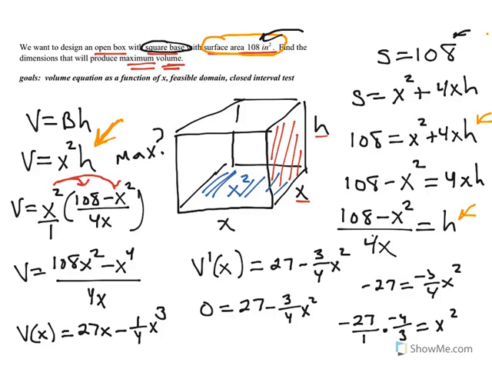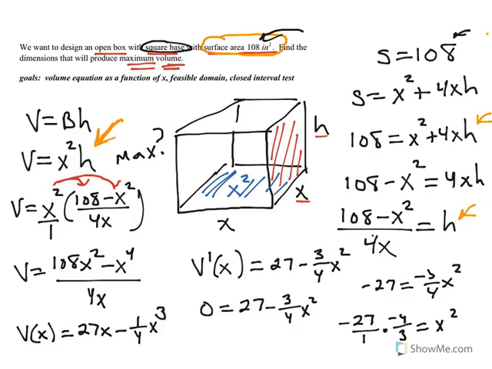And we're starting to run out of room here. So we got a negative times a negative, that's going to be a positive. 27 divided by 3, that's going to get you 9. 9 times 4 is 36, so x squared is going to be 36.